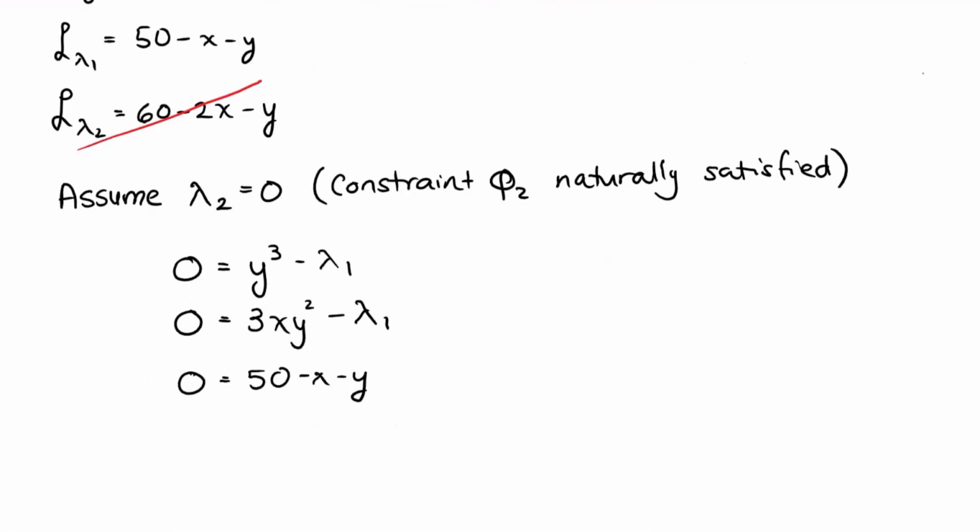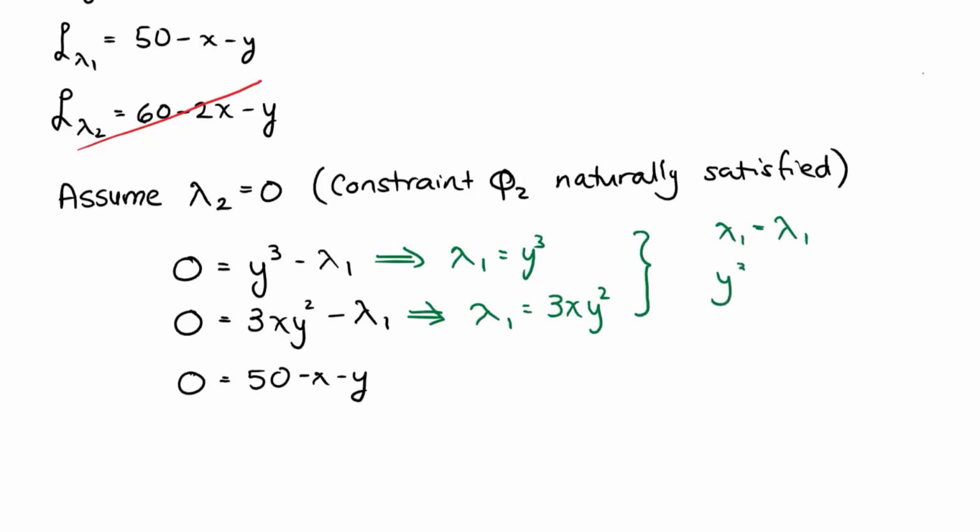So now I'm going to solve this system of equations. From the first equation, I have lambda 1 is equal to y cubed. From the second equation, I have lambda 1 is equal to 3xy squared. So I can set lambda 1 equal to lambda 1, which gives y cubed equals 3xy squared.